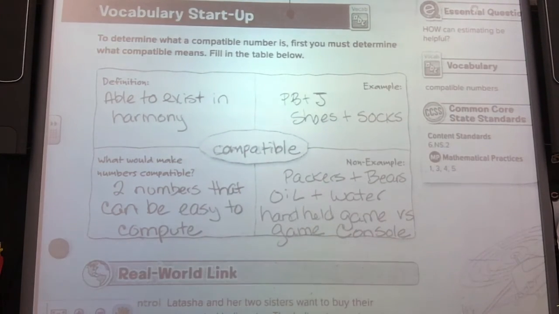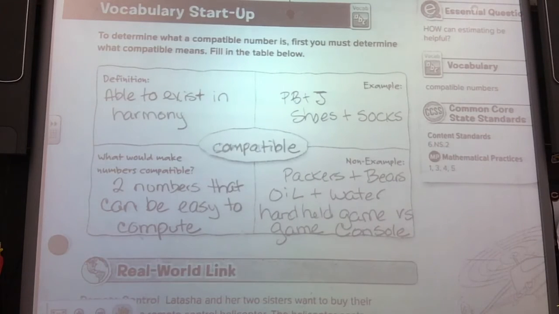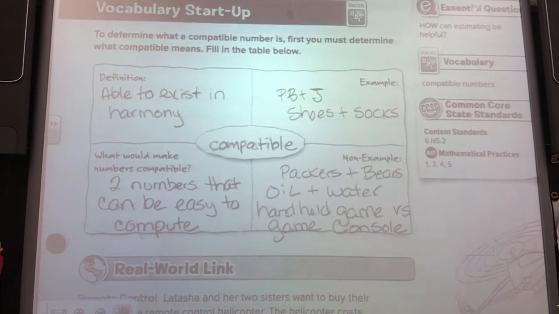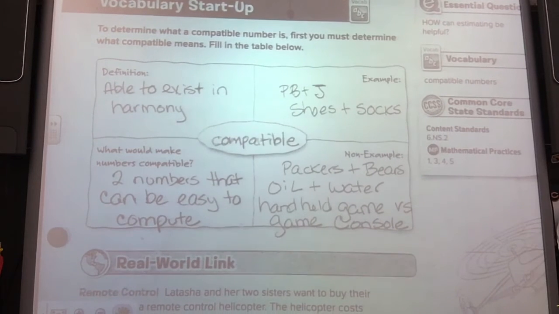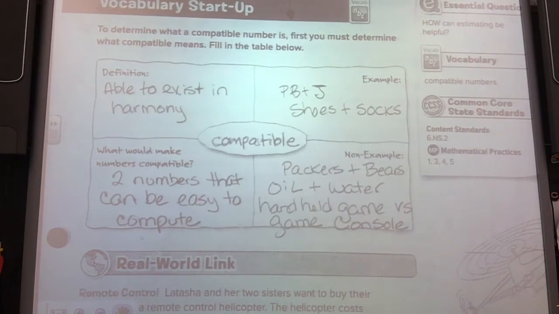So two numbers that are easy to compute. So like, what would be an example? Like 30 divided by 10. It's 3. They're easy to compute. They get along okay. All right. Those are compatible numbers. Go ahead and pause here if you need to finish these notes. But try and go as fast as you can. We got a big lesson to get through today, and I want to make sure you get through it all.